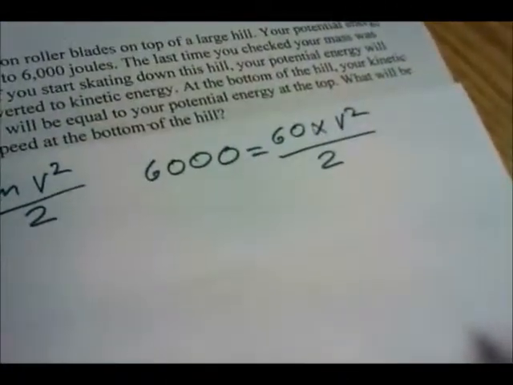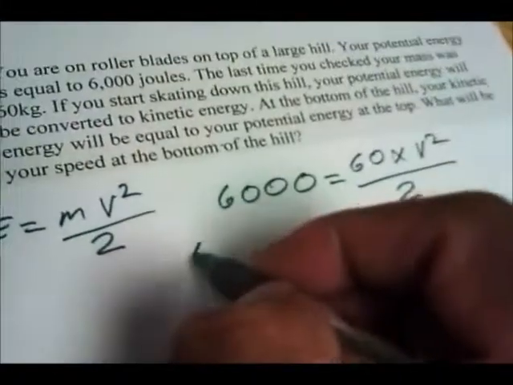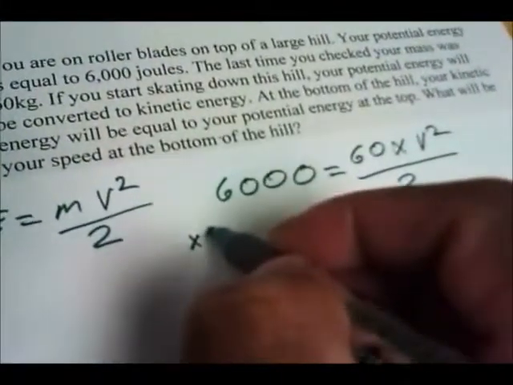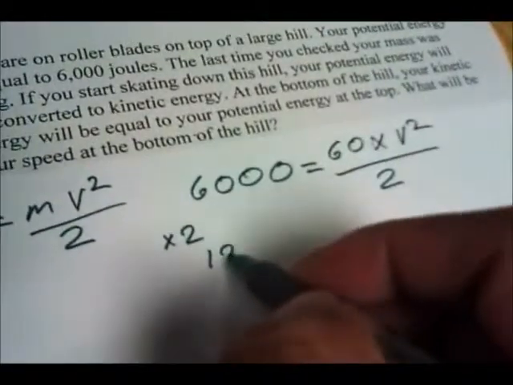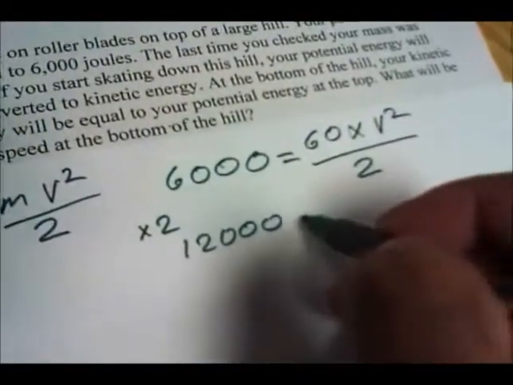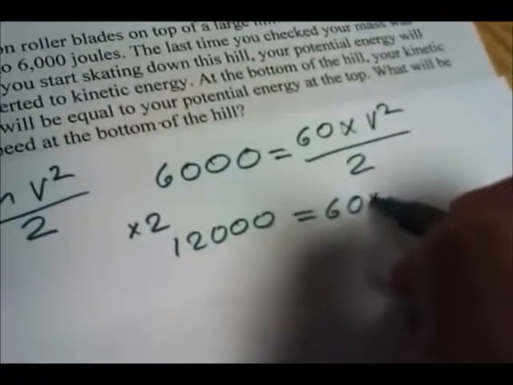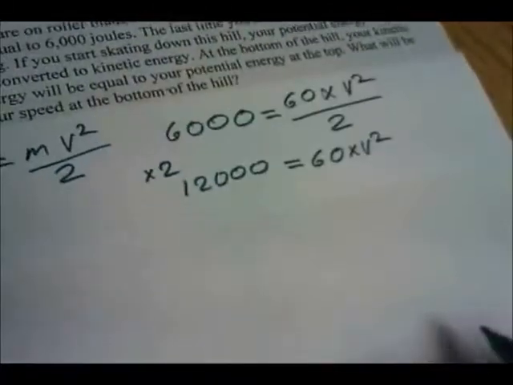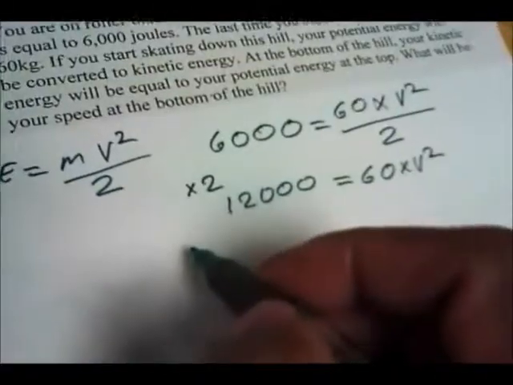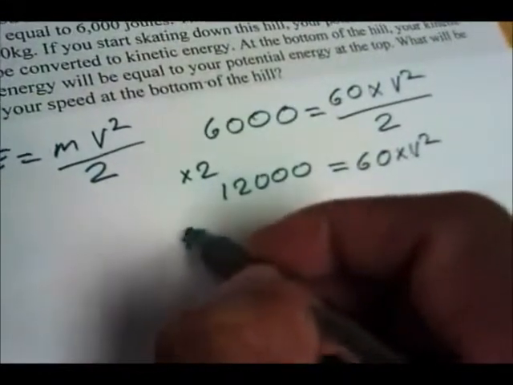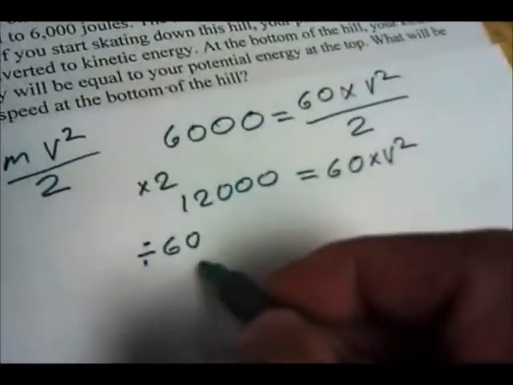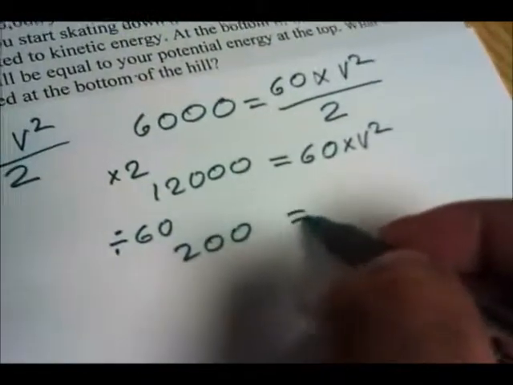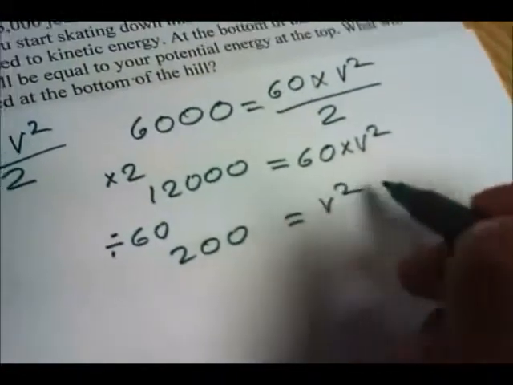So to solve this equation, the first thing we do is multiply both sides by 2. When we do that, we get 12,000 on this side equals 60 times v squared. Next, we're going to divide both sides by 60. When we do that, we get 200 equals v squared.